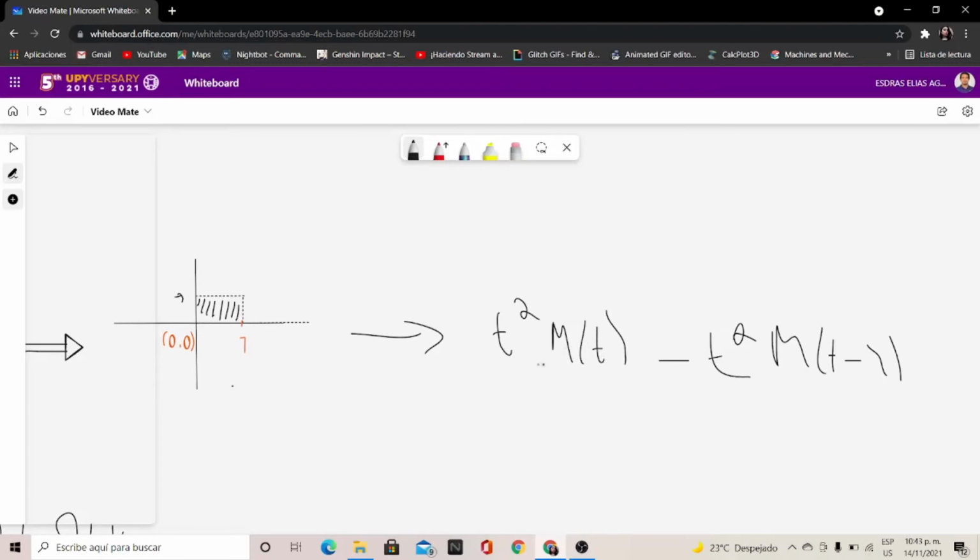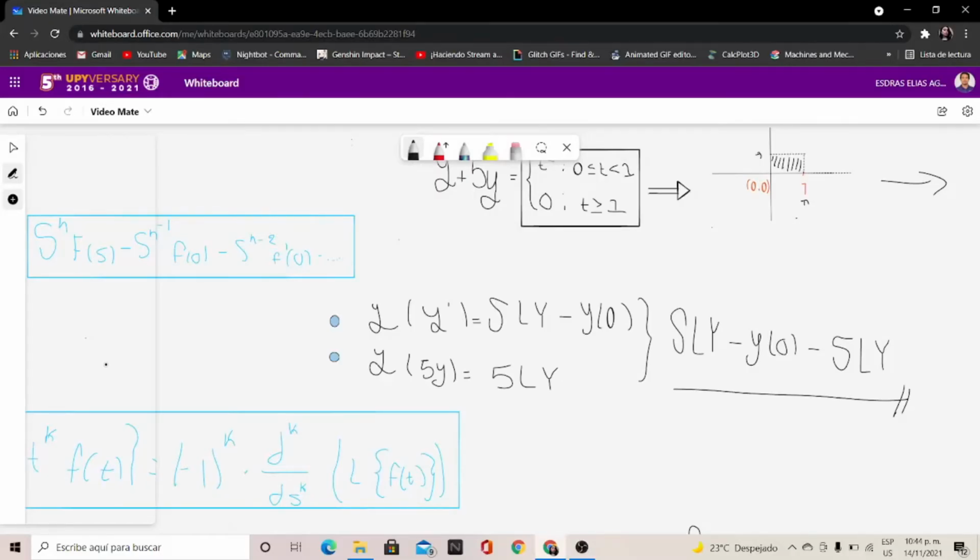And since the function is activated when t is equal to or greater than 1, this step is basically a displacement of the function by 1. So to make the relationship, we need to subtract that displacement: t squared times the unit step of t minus 1.